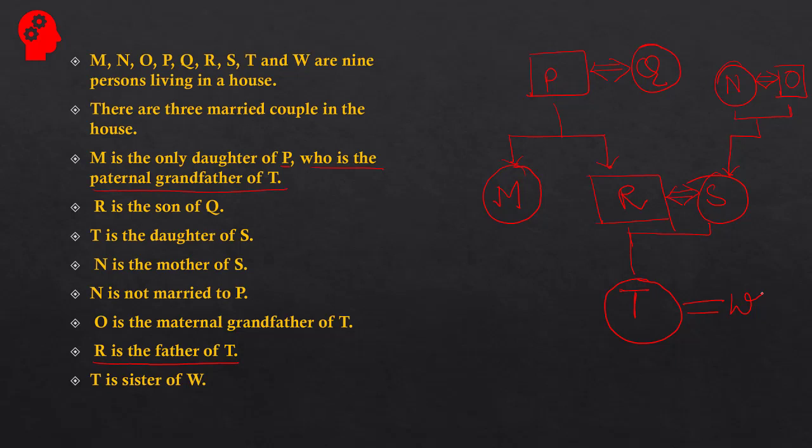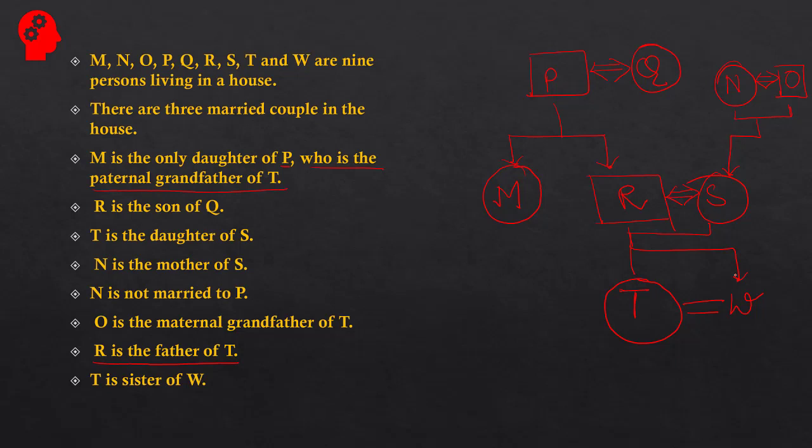Okay. P and Q have 2 children, a daughter M and a son R. N and O have a daughter S. R and S are married to each other. And they have 2 kids, T and W, out of which what we know for sure is that T is a female child.